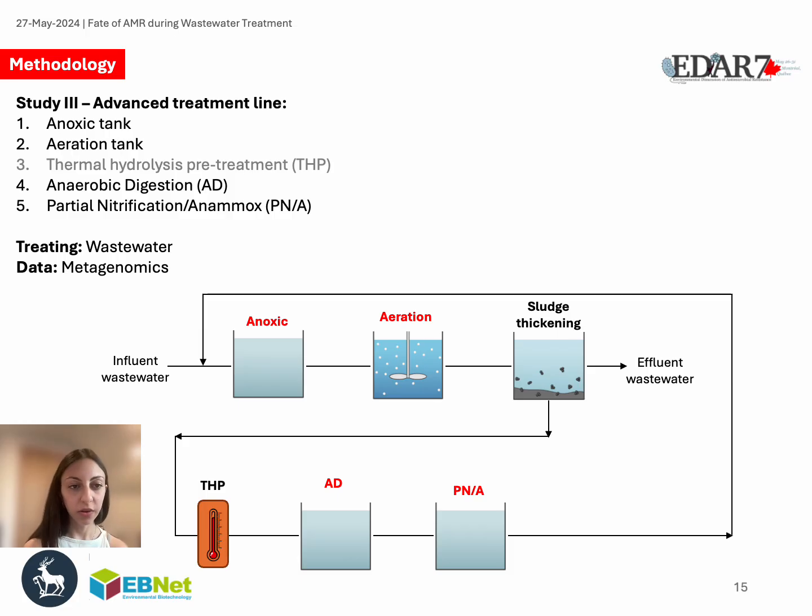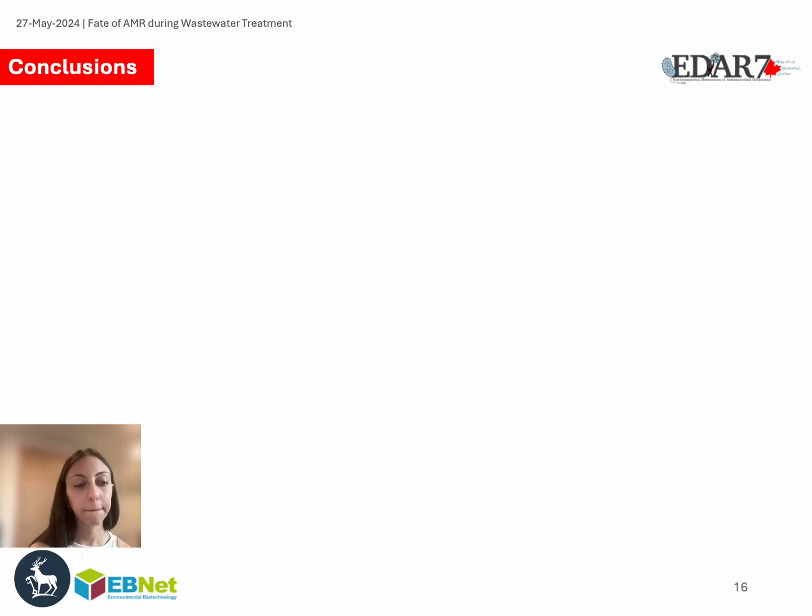And finally, the third study concerned an advanced treatment line with anoxic aeration, anaerobic digestion, and partial nitrification Anammox tanks treating wastewater. In this case, data originated from metagenomics, but since this study is still not published, the data were excluded from this presentation, but some results are included in the conclusions part.